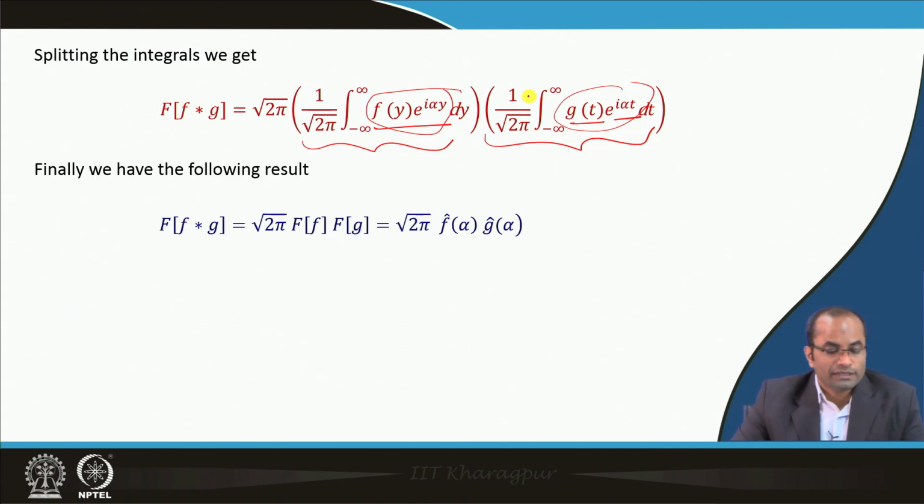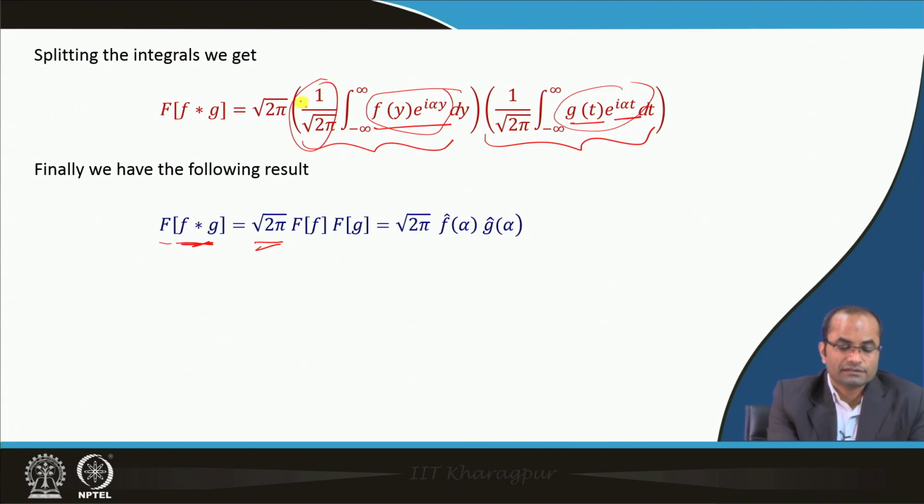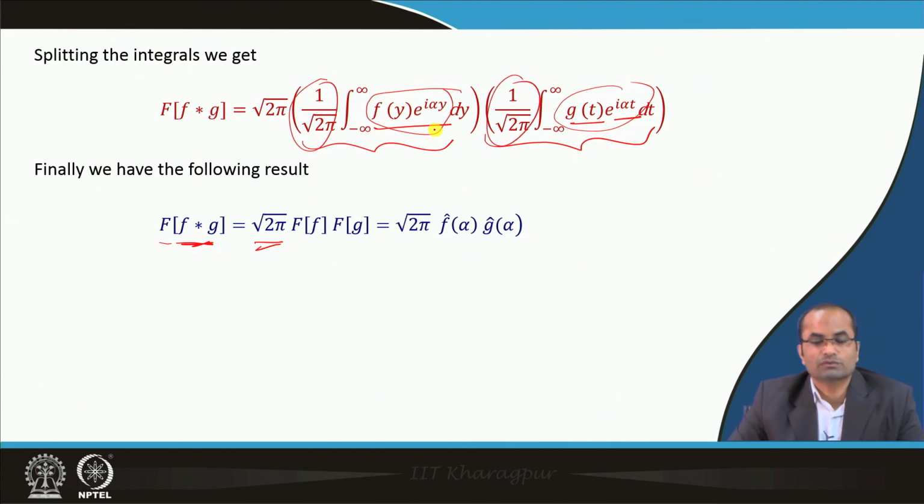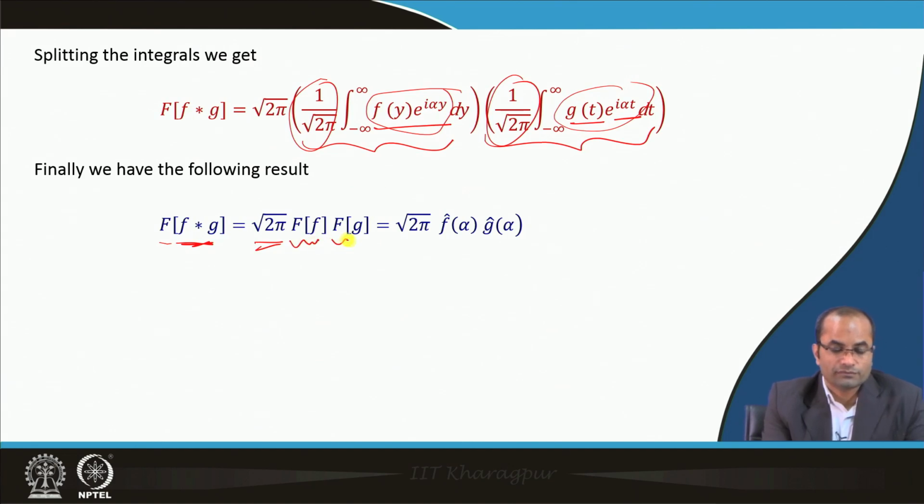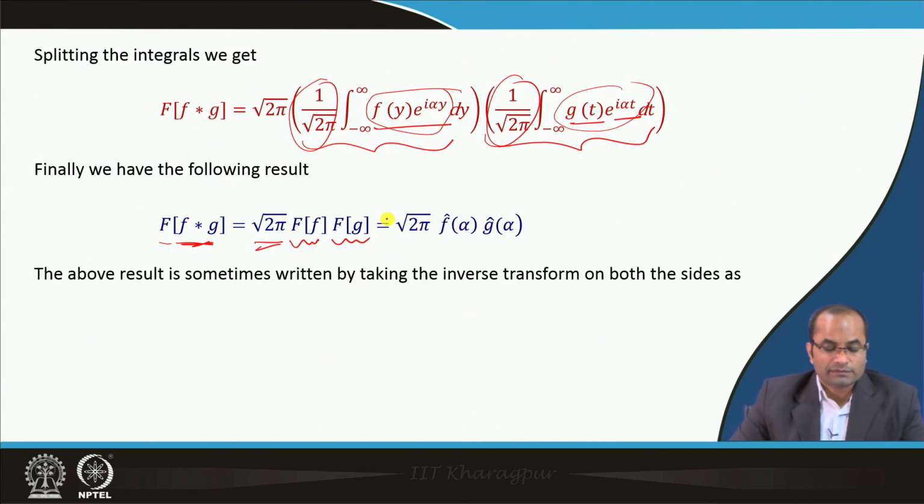So, finally, the Fourier transform of this convolution has a square root 2 pi, and we have adjusted the 1 over square root 2 pi factors so that it becomes exactly the Fourier transform of f times the Fourier transform of g. That is the desired result.